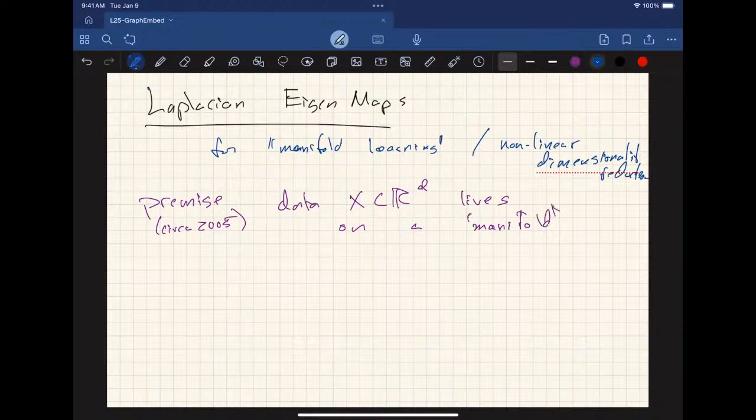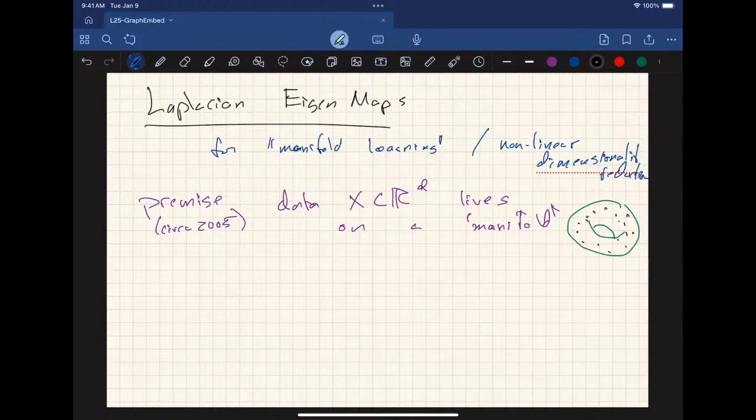Okay, so think of you have some sort of surface. It's like a torus, my drawing of a torus. And the data kind of lives on the surface of the torus. And we want to somehow draw it in a Euclidean space so we can measure Euclidean distance.